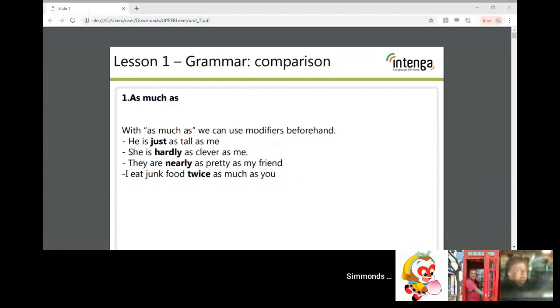Nearly changes everything. Does anyone know what it means? Maybe almost as pretty as me or my friend. Yes, almost as pretty. They're nearly as pretty as my friend. They're almost as pretty as my friend.